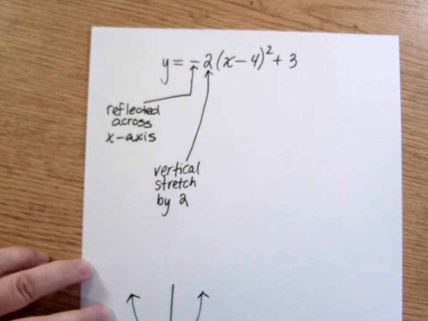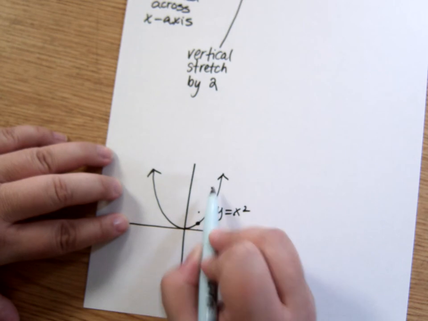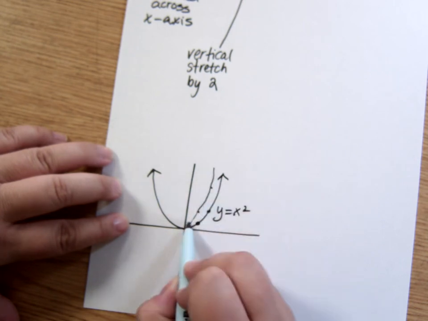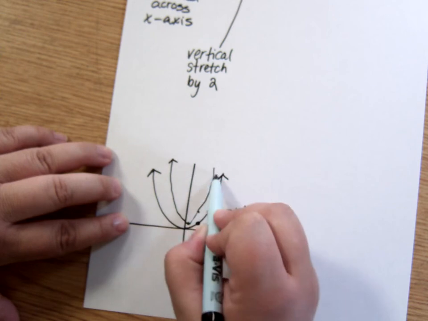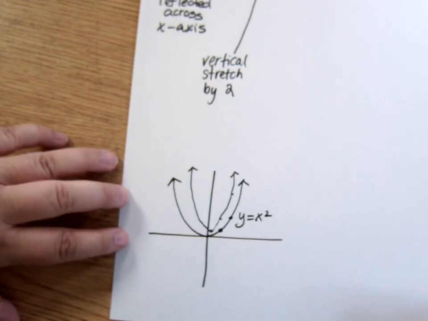That basically means every single point would now be twice as high above where it used to be off the x-axis. Now it would be here and here. This would get narrower because all the points would have twice as much height off the x-axis as they used to.